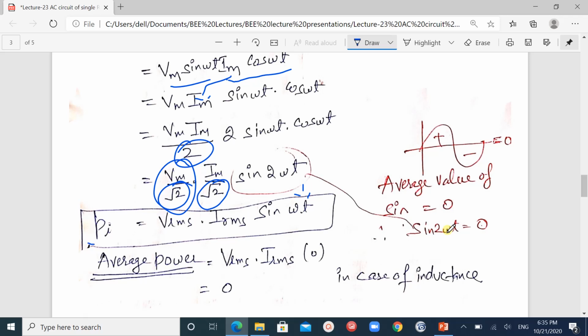So instantaneous power is equals to Vrms into Irms sine 2 omega t. And when we talk about the average value, this sine 2 omega t will become 0. So we will be left with Vrms into Irms into 0. So in the case of inductance, average power is given by 0.